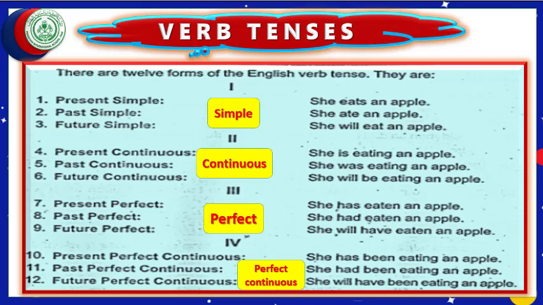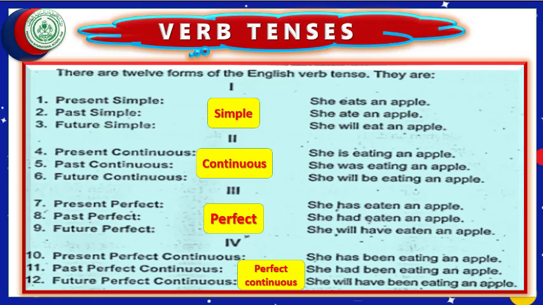Verb tense is the quality of a verb which tells us about the time of the action and the aspect of the action. Each verb form has two parts. One part tells us about the time, the other part tells us about the aspect.